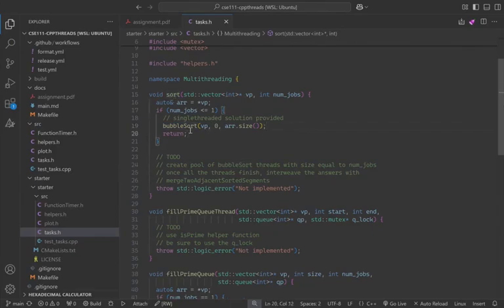Your goal is to now sort different chunks of an array, all in parallel. So you sort each tiny little chunk, and then at the end you combine them all together. By sorting the different individual chunks, this will actually improve your time complexity, because now instead of it being n squared for the entire thing, it will be n divided by the number of chunks, squared.